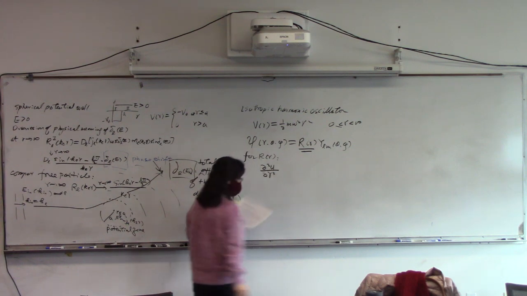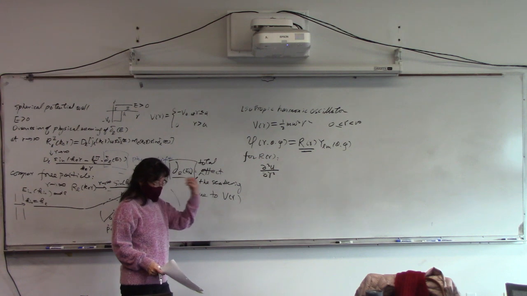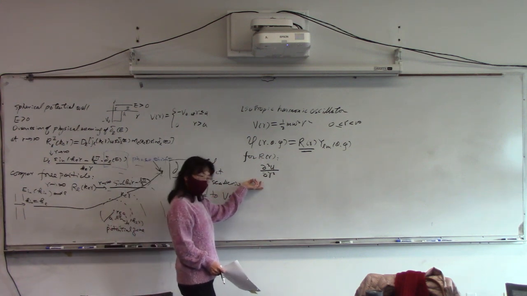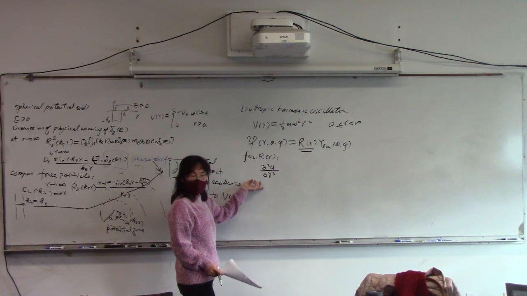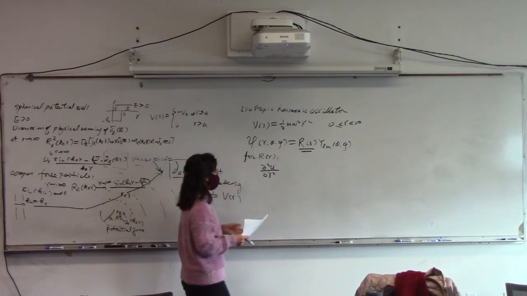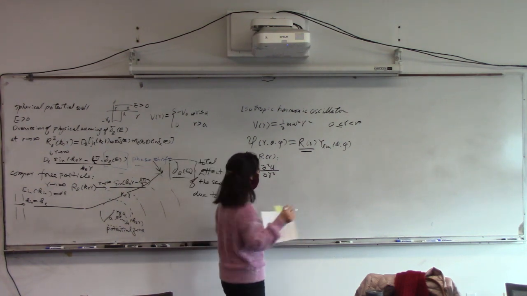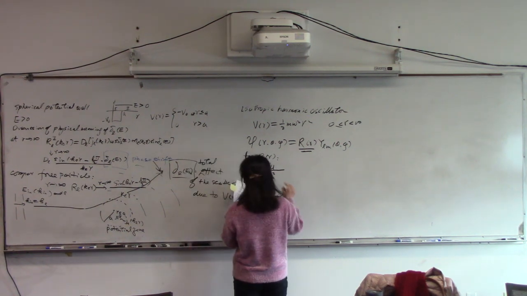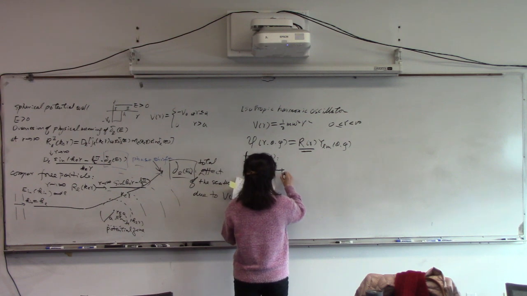The reason we use this one is that we can apply either the power series method or the confluent hypergeometric differential equation, which I think you learned in Dr. Jenkins' 517. Okay, so we use this one. And what is U?